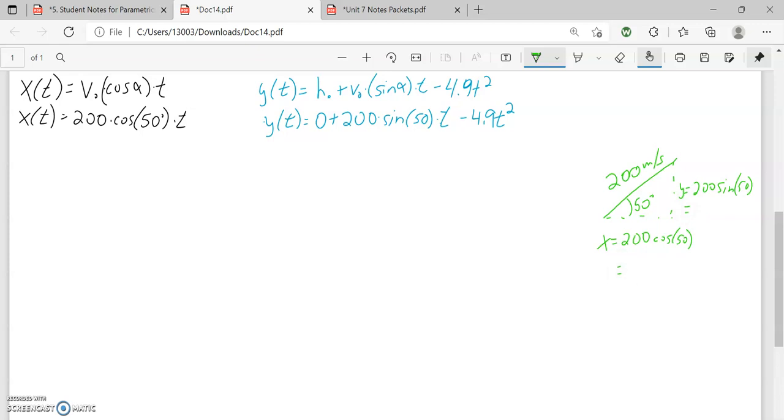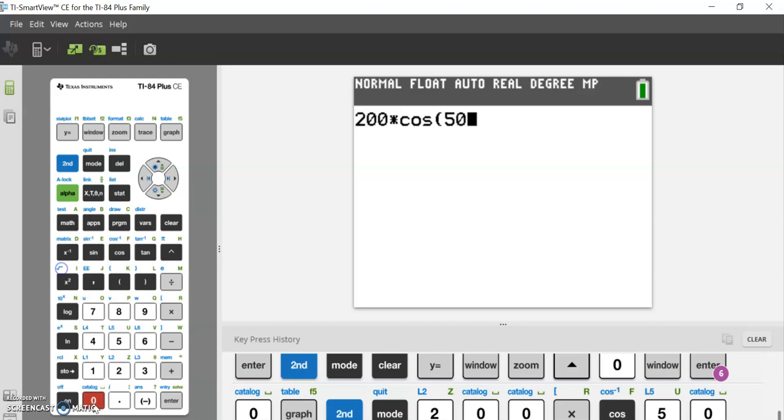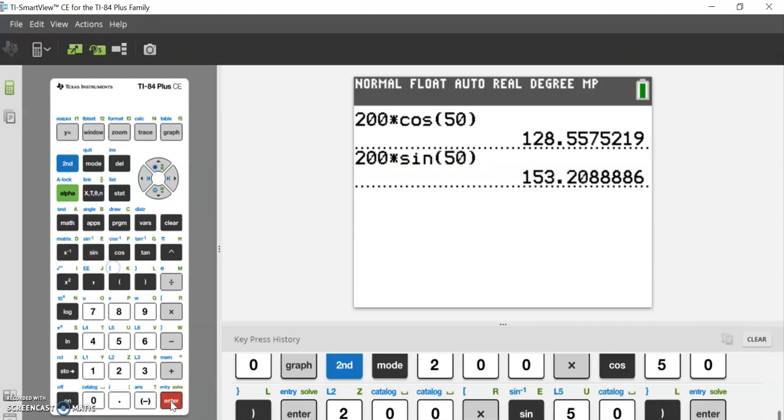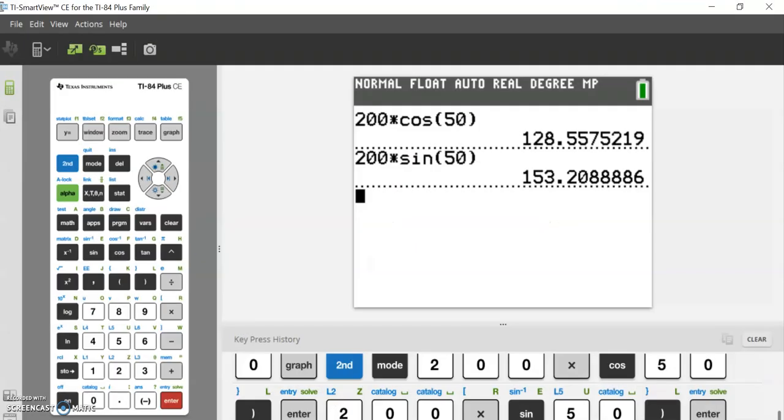If we needed to do that, we would take a second and calculate 200 cosine 50 and 200 sine 50, and you would write those 2 things down: 128.9 and 153.2. So the horizontal component was the x. Knowing it's 50 degrees, it's taller than it is wide, so the x component was that smaller number, in case you forget.